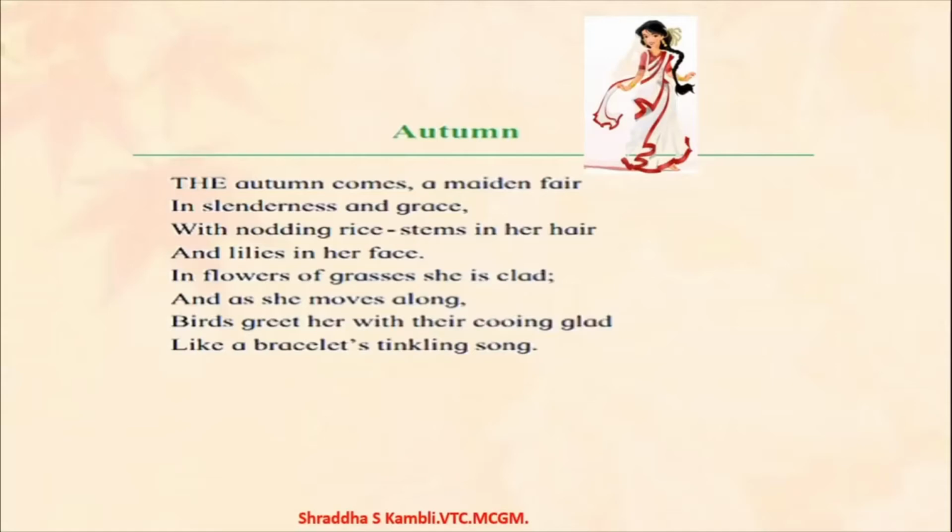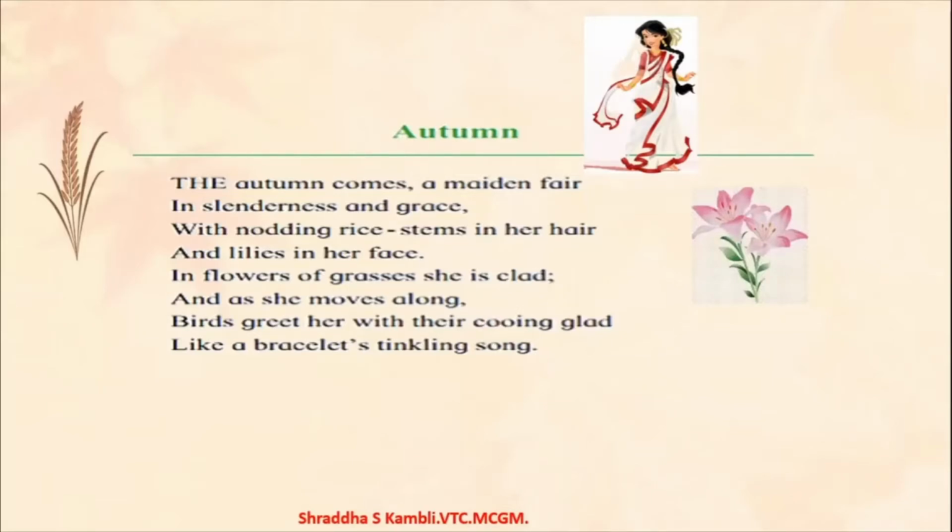Okay, so the autumn here is being compared to a fair maiden or to a beautiful girl with nodding rice stems in her hair and lilies in her face. So her hair is also very long. You can see in this picture also, she's got rice stems in her hair.